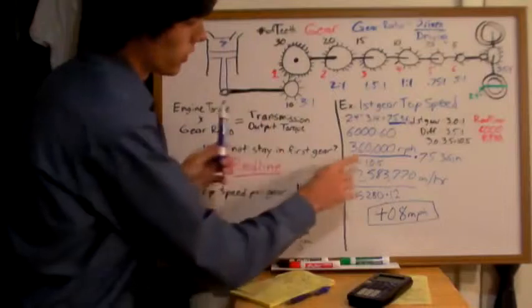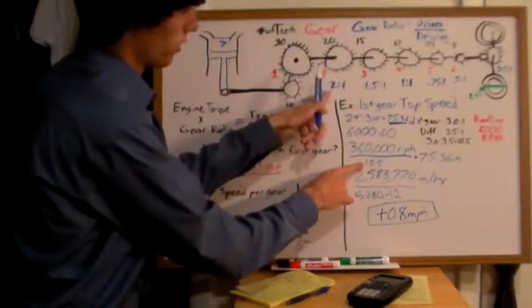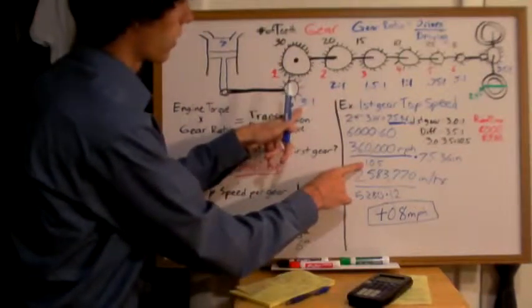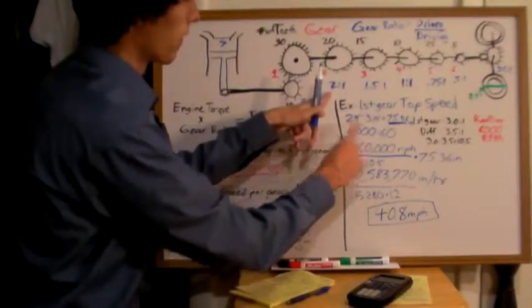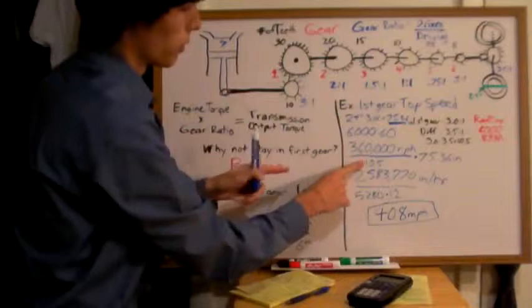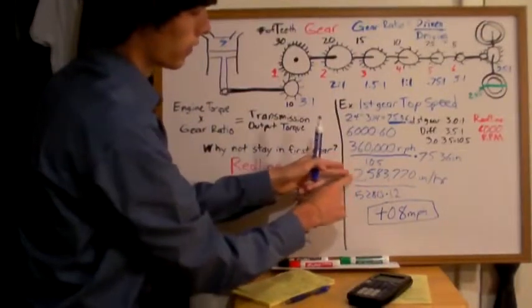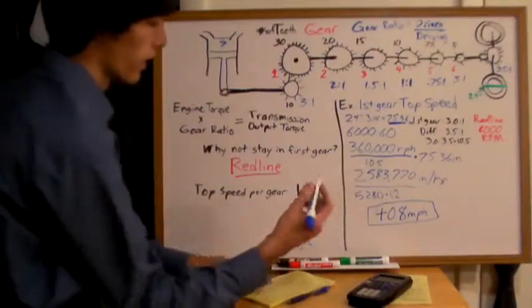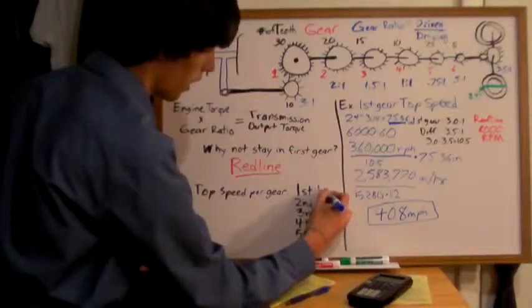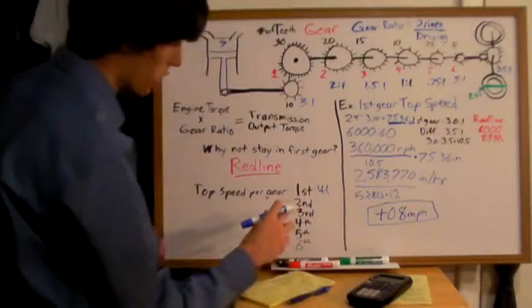By reducing this number right here, for instance, we've got a 3-to-1 times 3.5. Well, if we had a 2-to-1, 2 times 3.5, this would be replaced with a 7. This will make this a greater number, making this speed right here a greater number. I've gone ahead and done the math for all of these, so I'm just going to tell you.